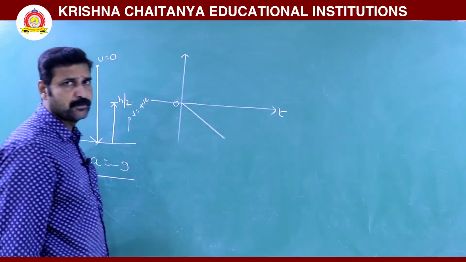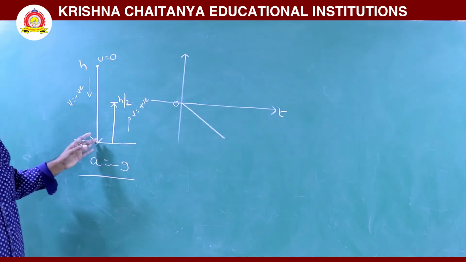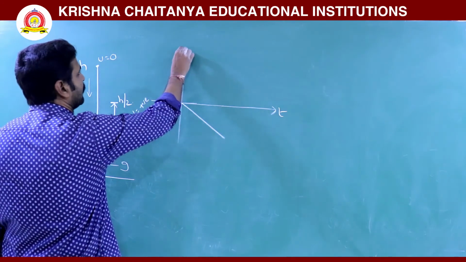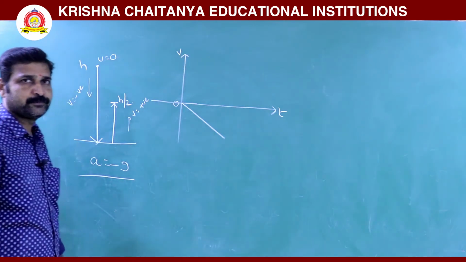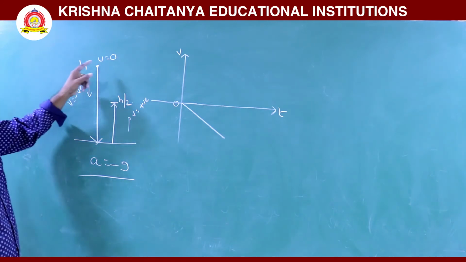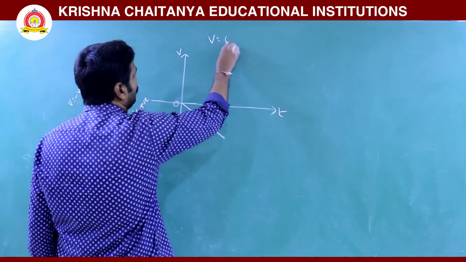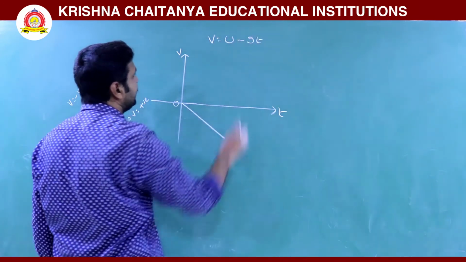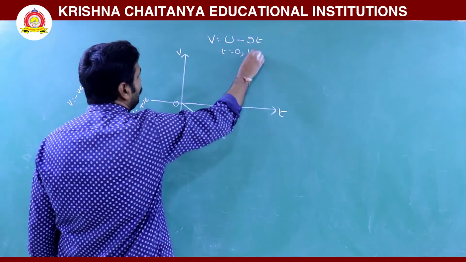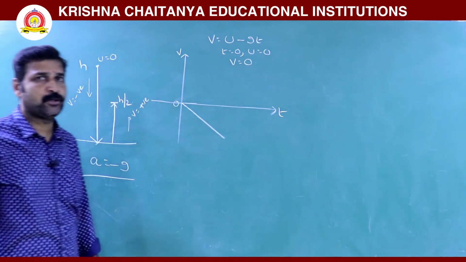This is the graph. Why is the graph like that? Because this is a velocity time graph, and when it is falling down, the slope is negative and the initial velocity is 0. For v equal to u minus gt, at t equal to 0, u is 0, that means v is 0 for a freely falling body.